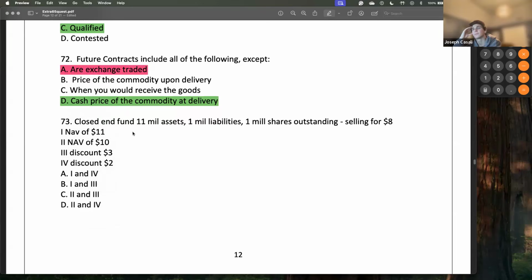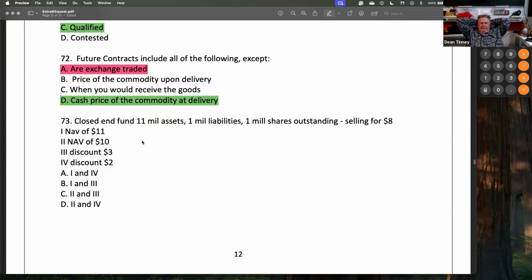Okay. A closed-end fund has 11 million in assets, a million in liabilities, a million shares outstanding, and is selling for 8. Is it 1 and 3?